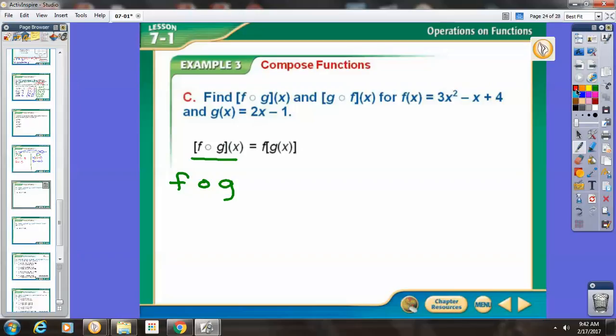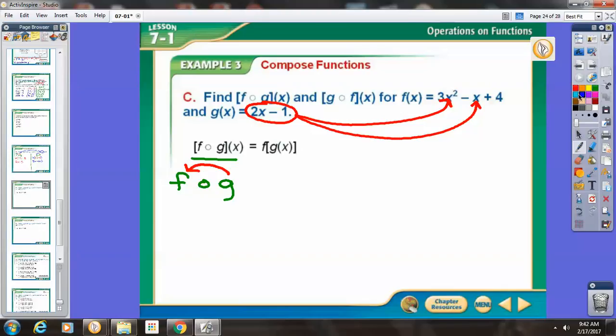Okay. So f composite g means we're taking our g function and putting it into the f function. So here's g, and we're putting it into the f function. Now, I've got 2 x's here. I've got to put it in for both of those x's. So I'm putting a binomial, my g function, into the f function.